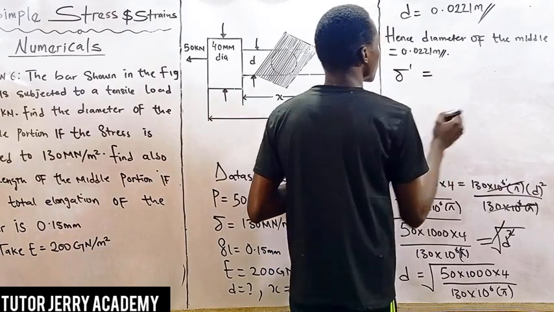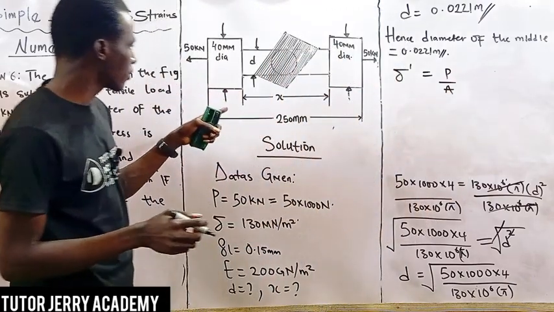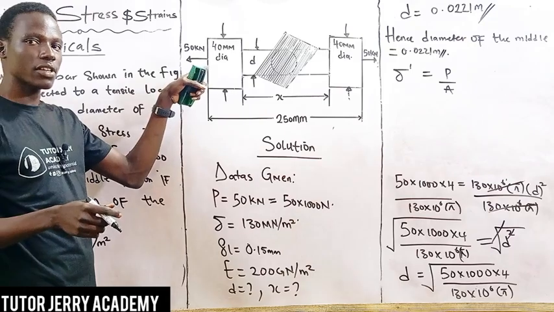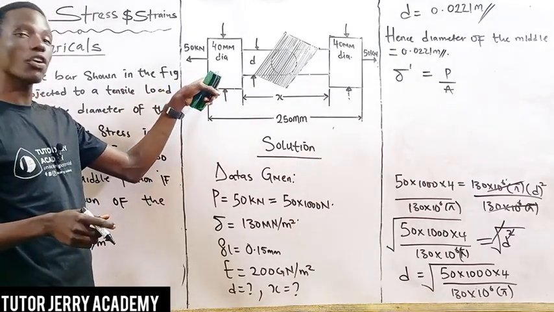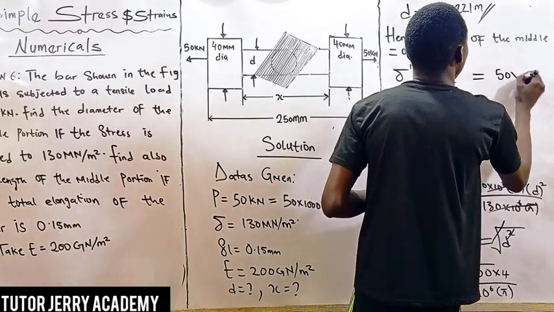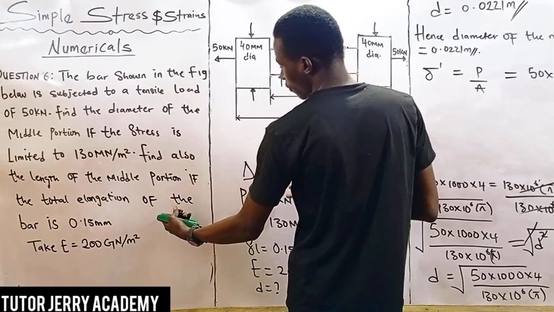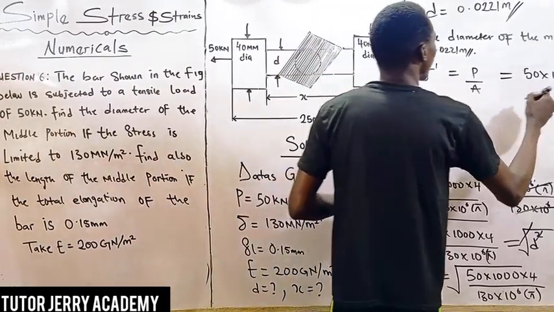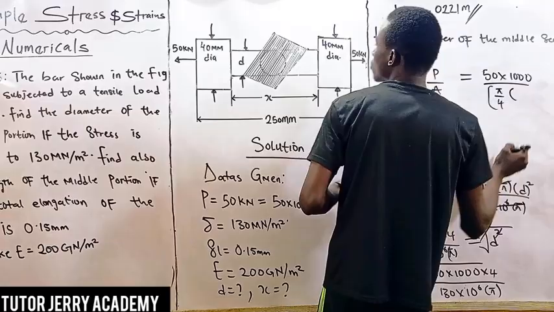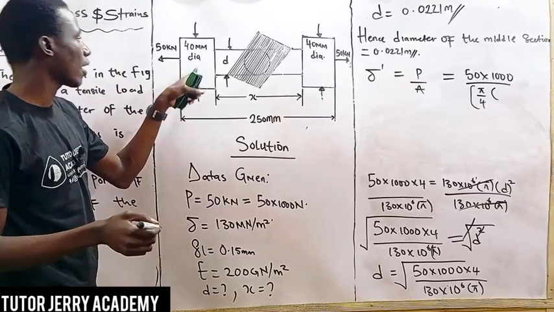Of course, we know that sigma is equal to P over A. But in this case, we are going to be working with the diameter of the end section. Of course, we know that their diameter is 40 millimeter. So this is equal to 50 times 1000, which is our force from the question, all over area, which is pi over 4 times D squared, our diameter.